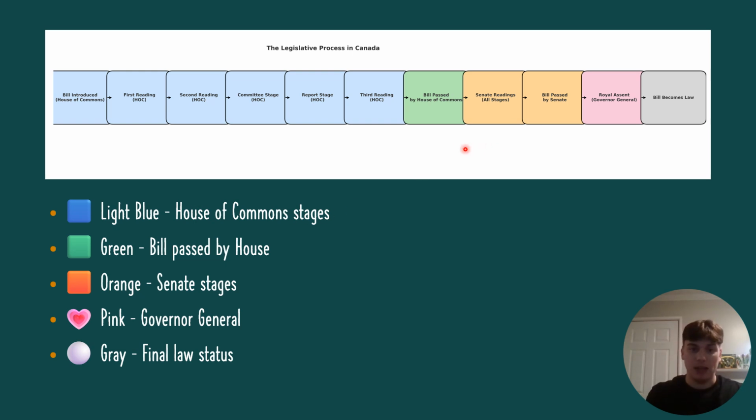After the House passes the bill, it moves to the Senate for another round of review. Once both chambers approve it, it is then sent to the Governor General, who gives it royal assent before it officially becomes a law. This process can take weeks or even months, depending on the complexity and importance of the bill at hand.